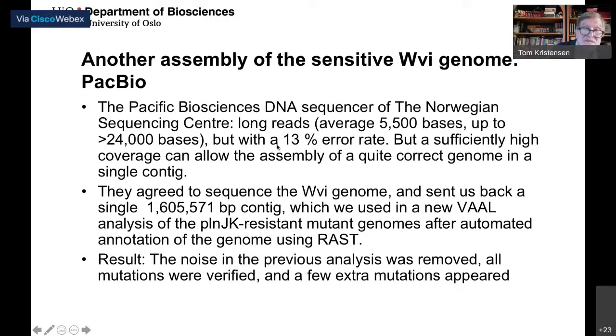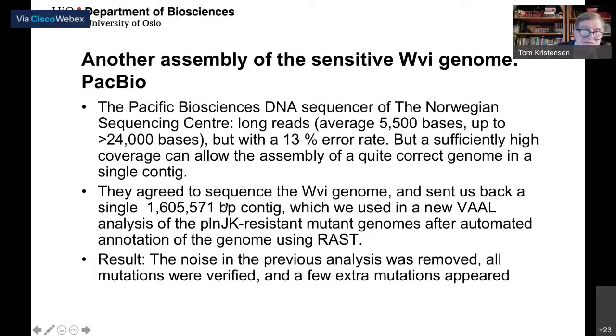Extremely long sequences, but this was before the HiFi technology had been invented, so it was sequences with up to around 13% error rate. But anyway, it could be assembled into a single contig, which was 1.6 million bases long. Which, by the way, I realized after a while was not really correct, because I couldn't join the ends together to make a circular genome without getting weird results.